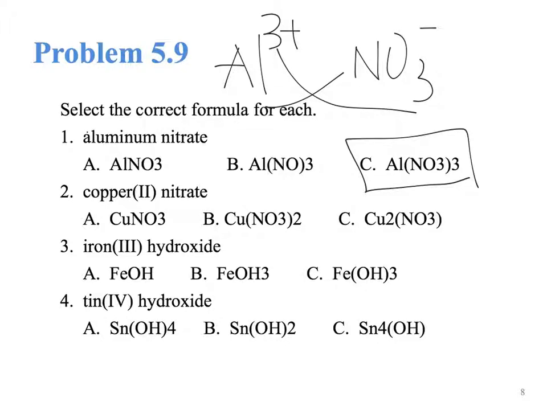Copper 2 nitrate. Copper 2 nitrate will be like this. We'll have copper 2+, and then nitrate is this, and it has a -1. So we're going to flip, meaning 2 nitrates and 1 copper.